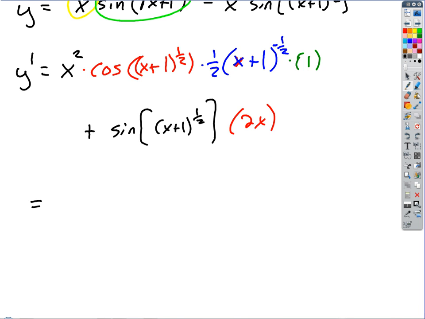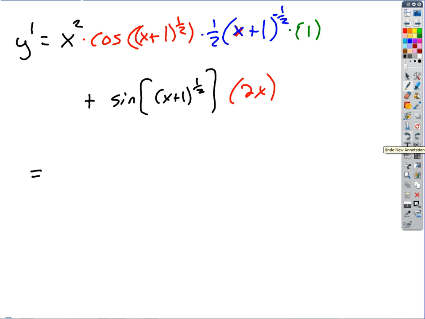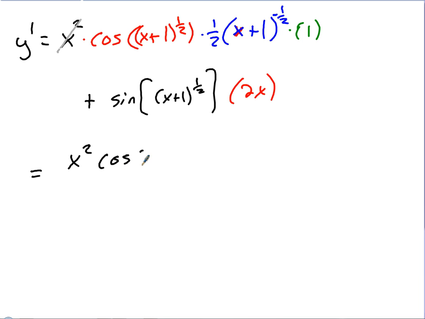Yeah, it looks like I have an x squared up there, right? We'll just tick these things off as we go, so that one's out of there, now what? Cosine, okay. Of, we just call it the square root of x plus 1, how about? Okay, so that's gone then, right?